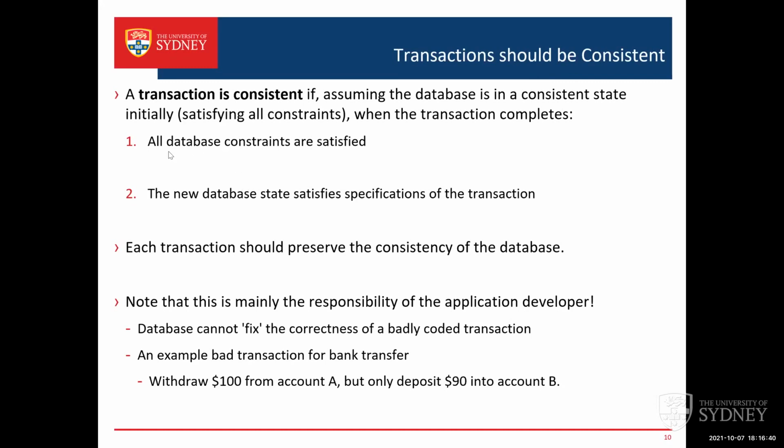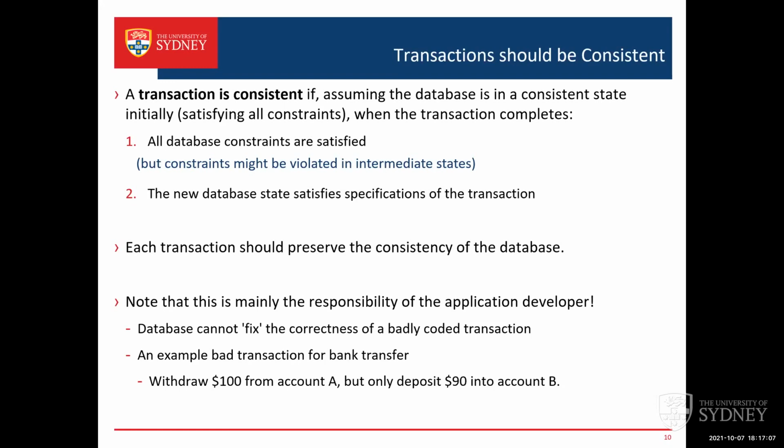Although I have seen that all database constraints are satisfied inside a transaction, these constraints might be violated in an intermediate state. What does that mean? Think about a transaction as a group of statements. Think about we have hundreds of statements. After running 50 of them, the database becomes inconsistent.